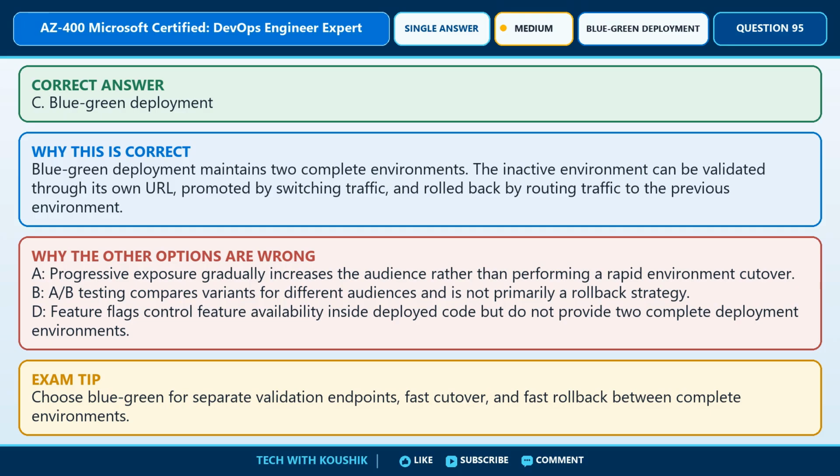B. A/B testing compares variants for different audiences and is not primarily a rollback strategy. D. Feature flags control feature availability inside deployed code, but do not provide two complete deployment environments. Exam tip. Choose blue-green for separate validation endpoints, fast cutover, and fast rollback between complete environments.